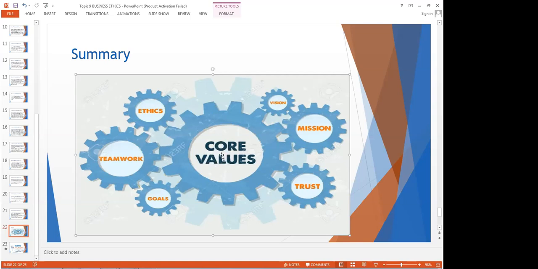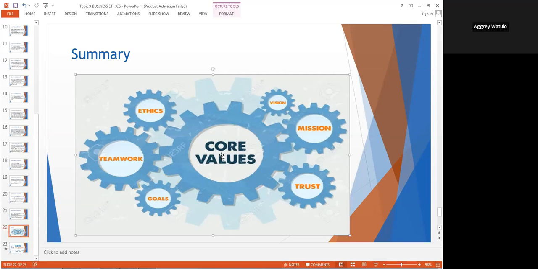We have the value of respect, trust, cooperation, determination, honesty, diligence, commitment. Those are the core values. We can also have ethics, teamwork, coming together, goals, set goals and objectives to work towards achieving them. There is the question of trust, mission, and even vision.